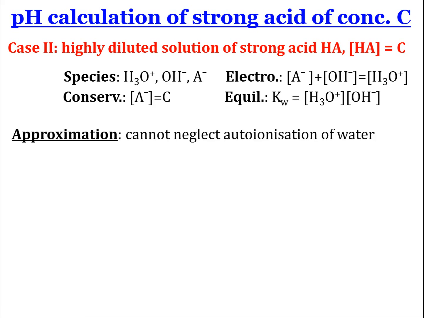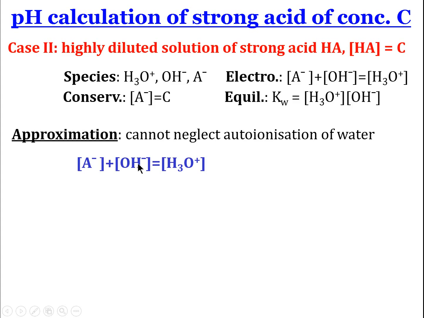Since the HA is highly diluted, the concentration of H3O+ formed and concentration of A minus formed from the HA dissociation are very, very low. So in this case, we cannot neglect the concentration of H3O+ provided by the autoionization of water.